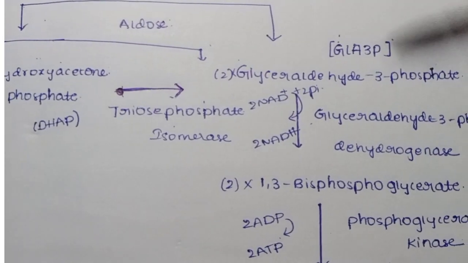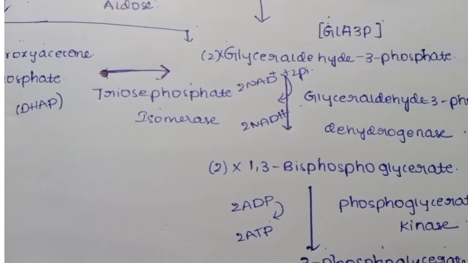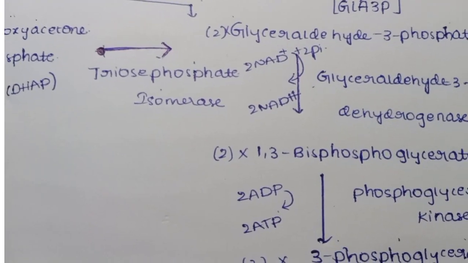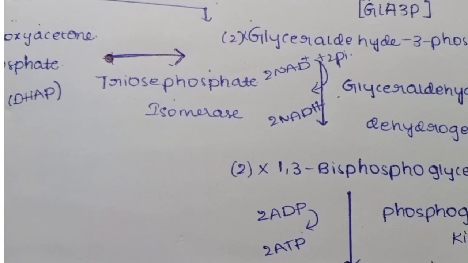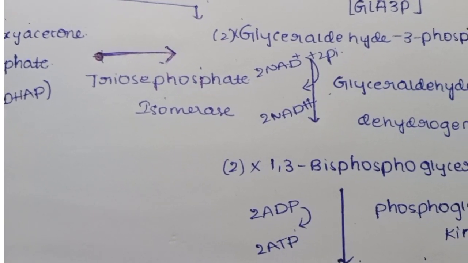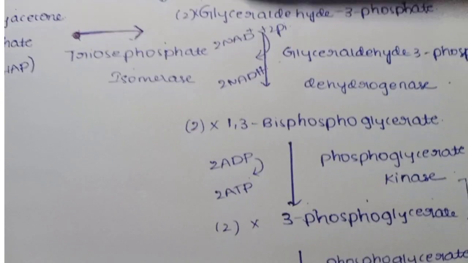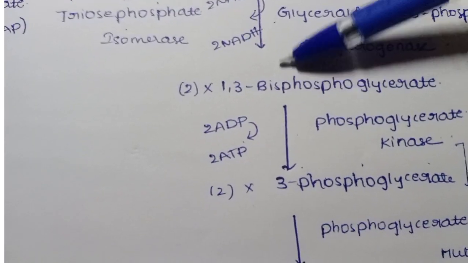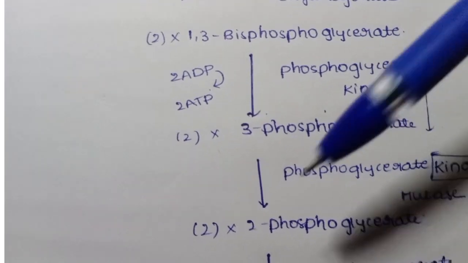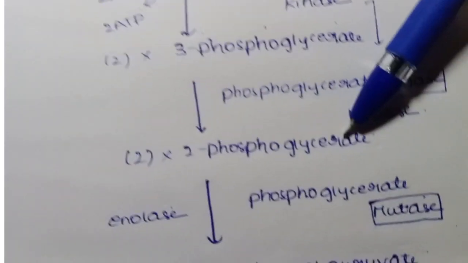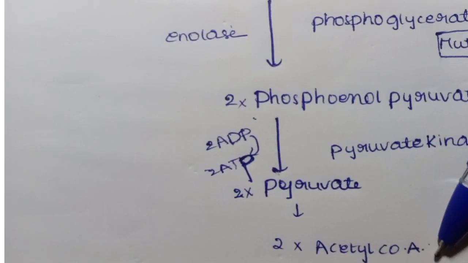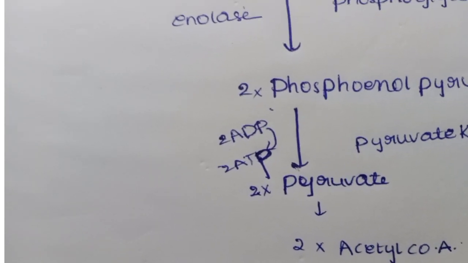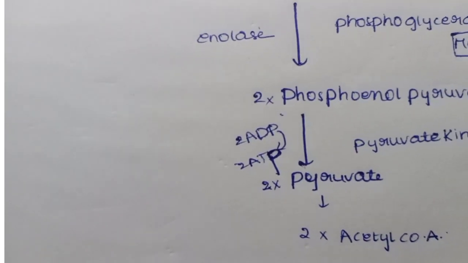And one more thing, in each cycle of glycolysis, for every single glucose molecule, I am explaining only for one glucose molecule, not for two. For every single glucose molecule there are two glyceraldehyde 3-phosphates, two 1,3-bisphosphoglycerates, two 3-phosphoglycerates, two 2-phosphoglycerates, two phosphoenolpyruvates, two pyruvate molecules, and two acetyl-CoA. Okay, I hope you have understood this clearly.